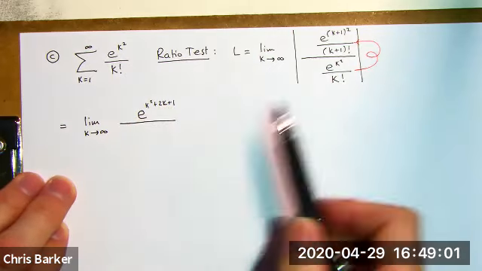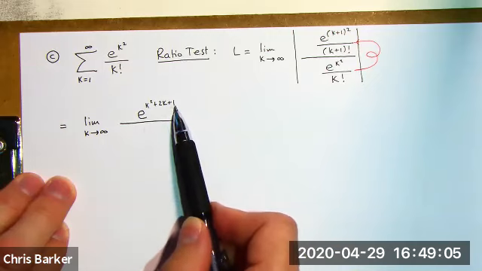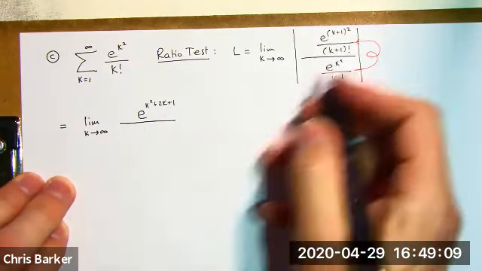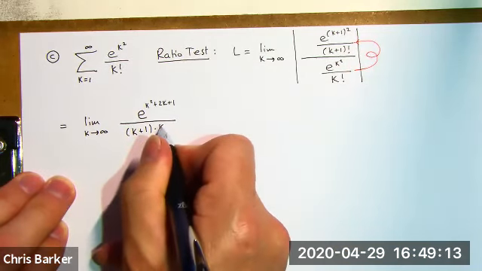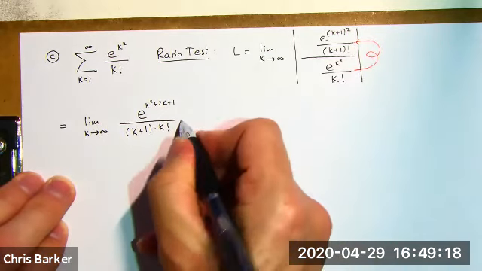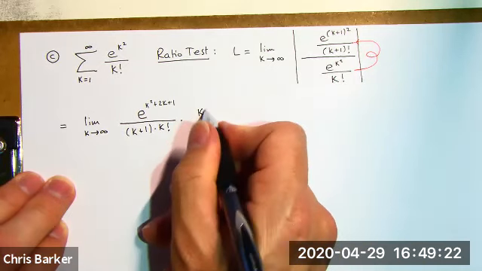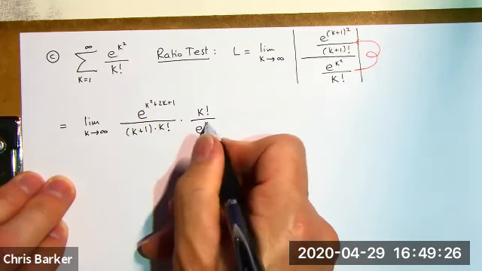You okay with that? k plus 1 squared is k squared plus 2k plus 1. On the bottom, I'm going to expand this as well. Instead of writing it as k plus 1 factorial, I'm going to write it as k plus 1 times k factorial. The reason for these rewrites is so that I can get my canceling going fairly smoothly when I flip this back over. This denominator factor here turns into this.